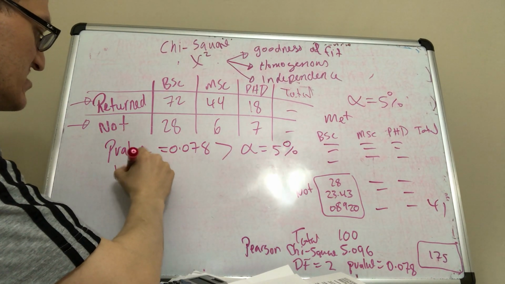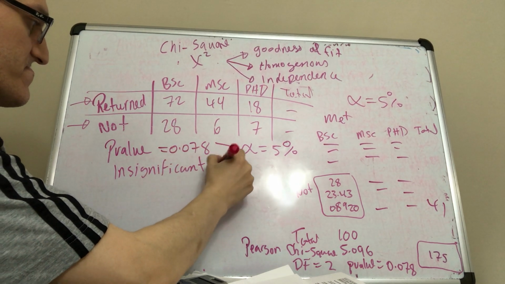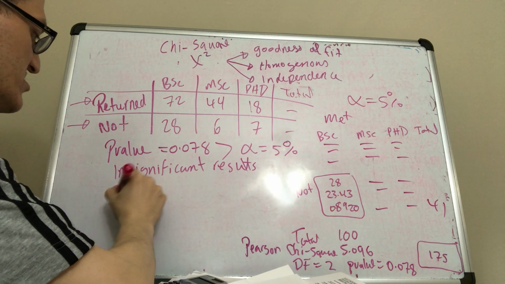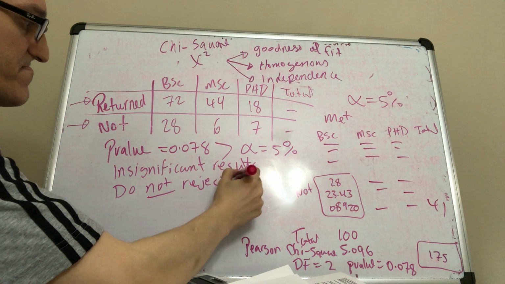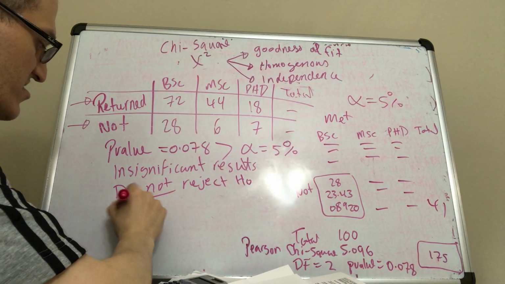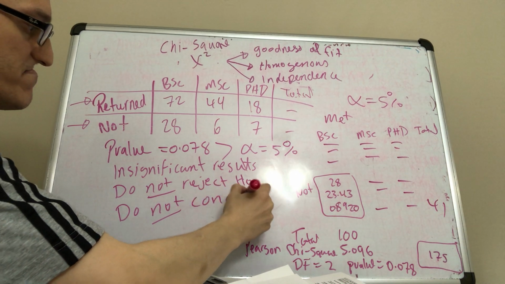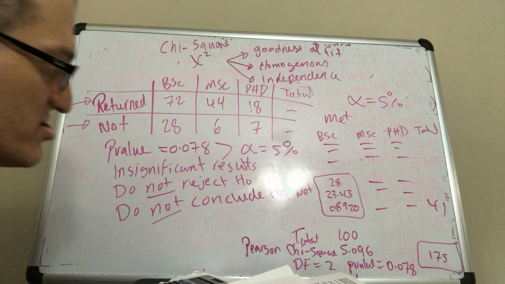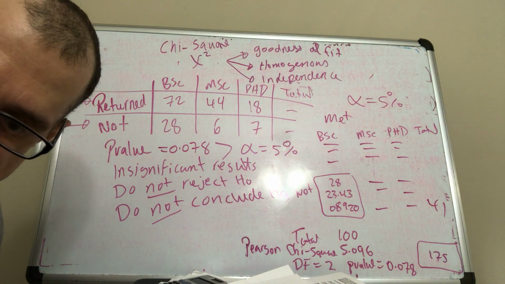So we have insignificant results. We do not reject H0. We do not conclude HA. So we don't conclude HA in this case.